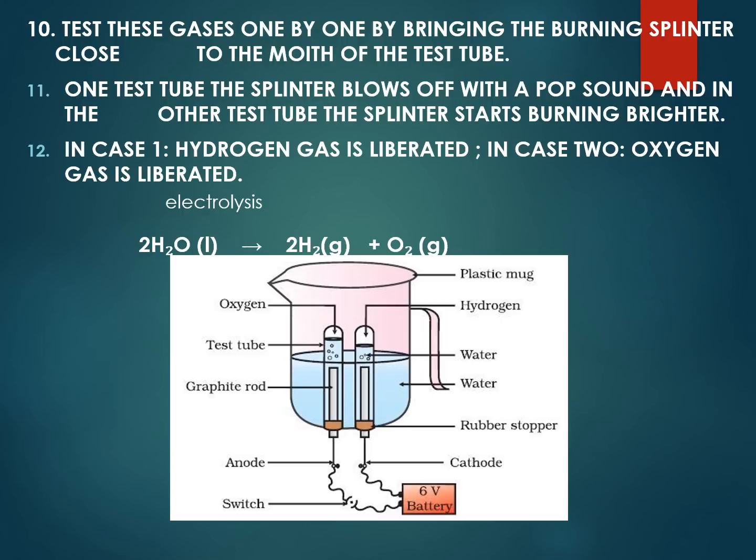So in this reaction, water undergoes electrolysis and hydrogen gas and oxygen gas are produced at the cathode and anode respectively. The chemical equation is 2H2O, when electric current is passed through it, will form 2H2 plus O2.